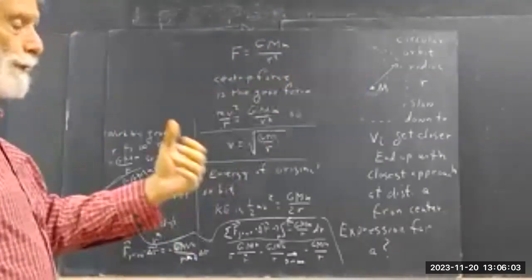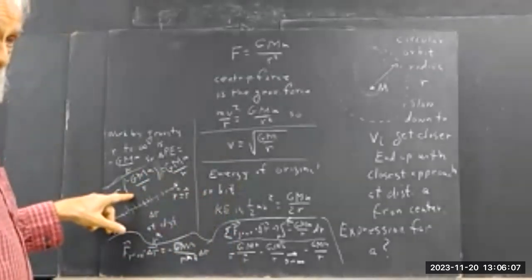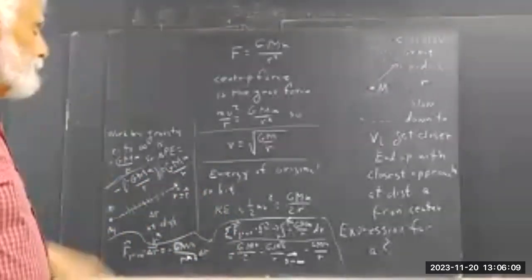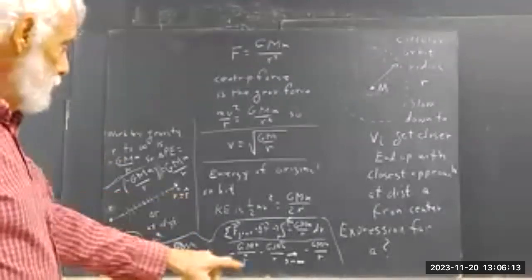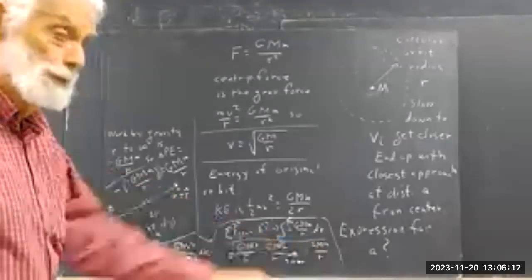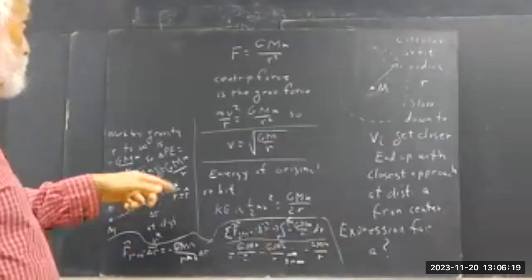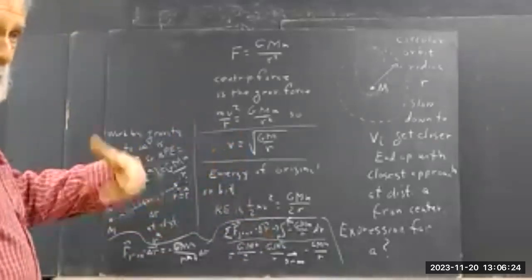And that's the most convenient point to use because we just get this simple expression. If we wanted the potential energy relative to some distance r hat, we'd have this, okay? Which is more complicated than this, or this. Okay, we'd have a negative here and a positive here if we wanted the potential energy.